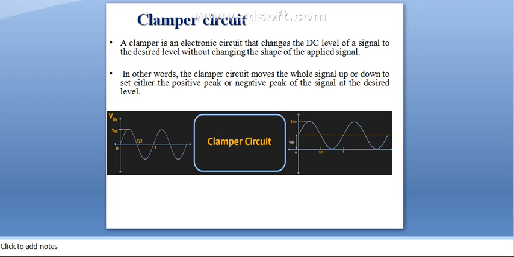So without changing the input voltage, it shifts the input waveform either above or below the DC reference level. The clamper circuit moves the whole signal up or down to set either the positive peak or negative peak of the signal at the desired level. So see the input waveform and the output waveform of the clamper circuit.